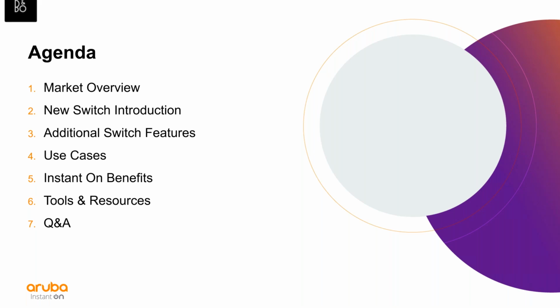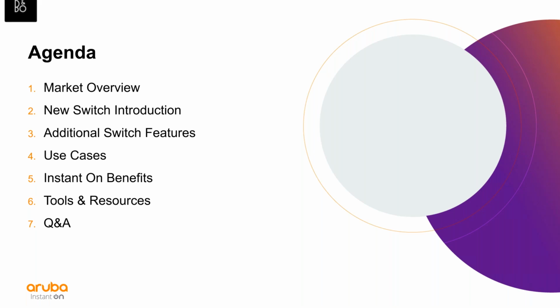So, for the agenda, we'll start off talking about just a basic market overview. I'll talk about this new switch introduction, specifically the 1960 line of switches. And I know some of you may not remember specifically everything that the 1960 line of switches encompasses, so I'll talk about that as well.